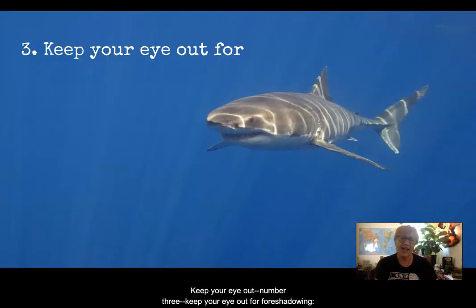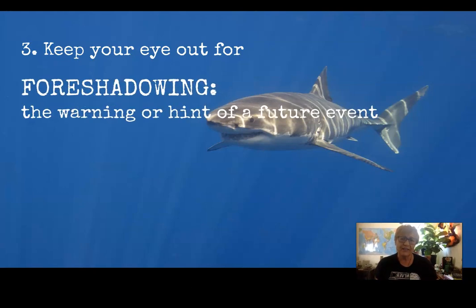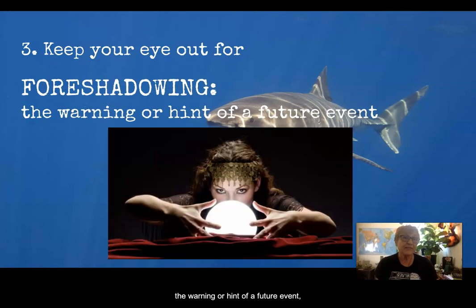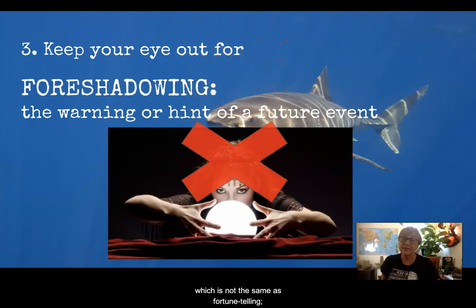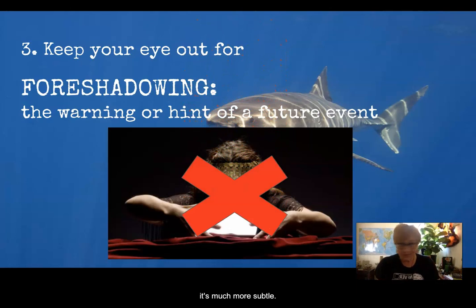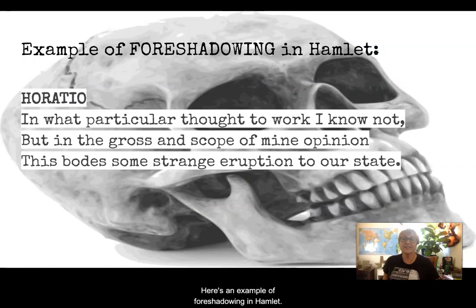Number 3, keep your eye out for foreshadowing, the warning or hint of a future event, which is not the same as fortune telling. It's much more subtle. Here's an example of foreshadowing in Hamlet.